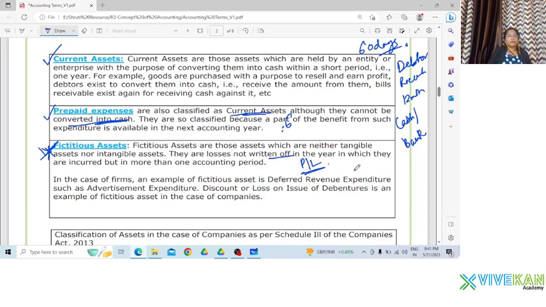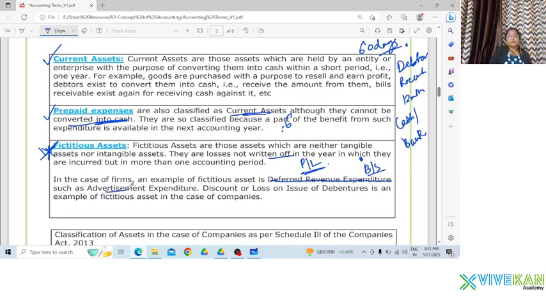Therefore, what is suggested is that these losses will be accumulated in the balance sheet and considered as deferred revenue expenditure, like advertisement expenditure, and then divided over the multiple years in which you are getting the benefit of that expense.